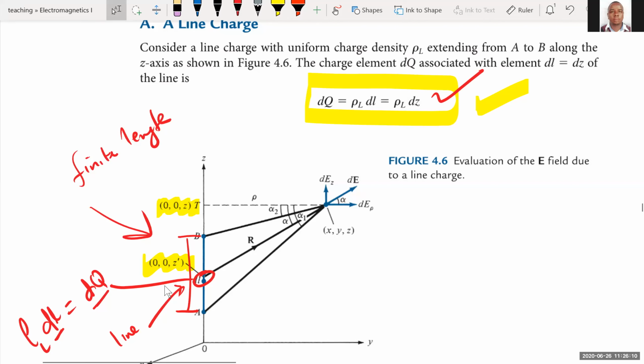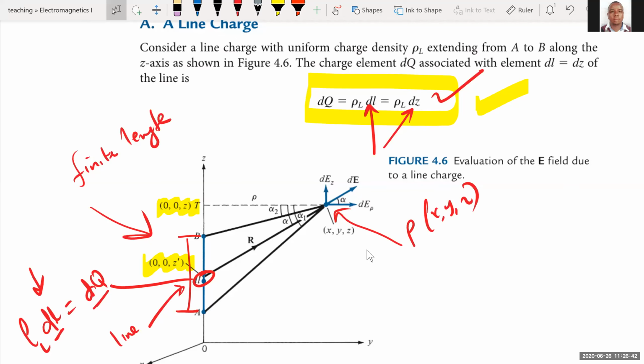But our dl is pointed along the z axis, therefore we replace dl with dz. Now notice very carefully our point of observation, which is this point P described by x, y, and z.